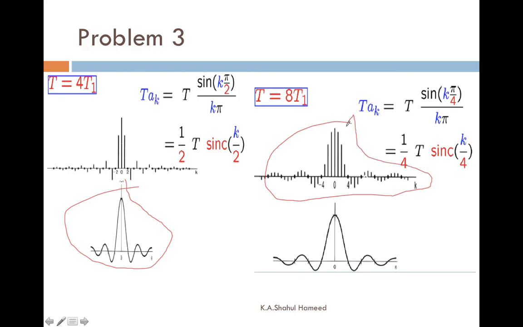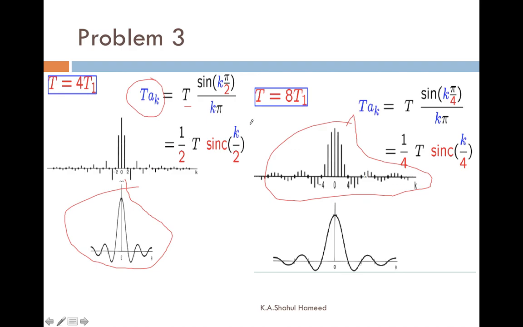So this is the final waveform of the Fourier coefficient. Simply, we can write this equation like this: when we consider T is equal to 4 t1, we can write T into a_k is equal to T into sin(k pi/2) / (k pi), and we can simply write this equation as 1 by 2 T sin of k by 2.